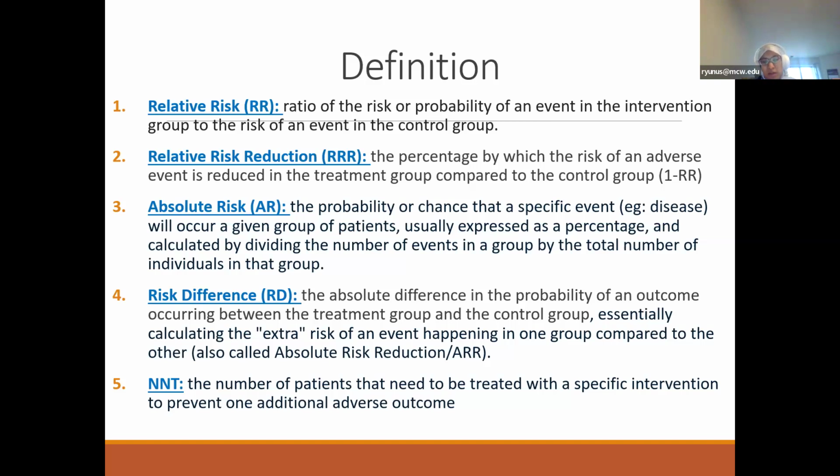But if the number is smaller, right, that you can treat a small number in order to avoid one certain number of outcome, then it might sound more cost effective. So NNT usually helps decision makers or policymakers to decide whether it is cost effective or not to proceed with a certain large scale intervention.